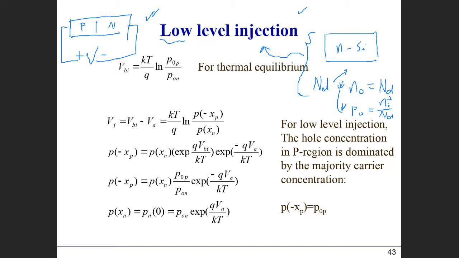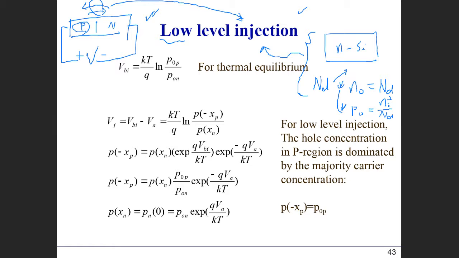When you apply the forward bias, the holes start to diffuse to the n side and electrons diffuse to the p side. This process, the hole moving to the n side and the electron moving to the p side, we can treat as the injection.